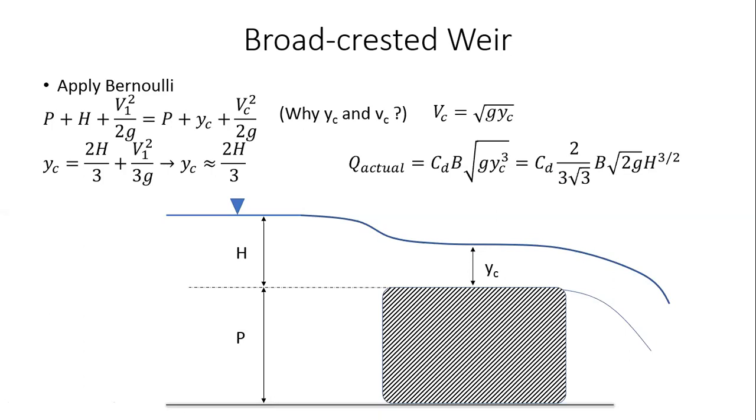Okay. So these are the two simple examples of sharp crested weirs and broad crested weirs. If you want to learn more about weirs and their role in open channels, I strongly encourage you. There's lots of material available online. In this semester, this is the extent to which we'll be able to cover it. I would strongly encourage you to look up material online.